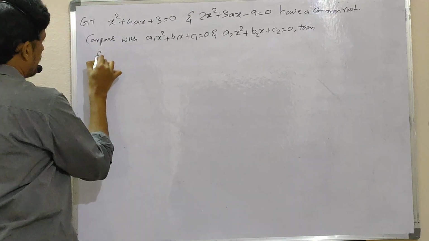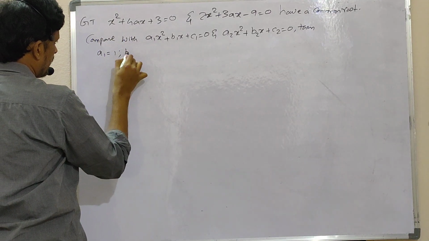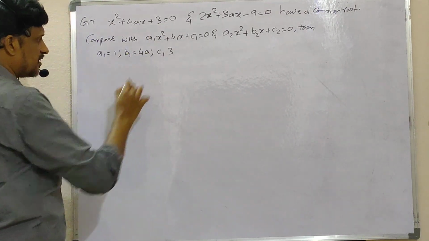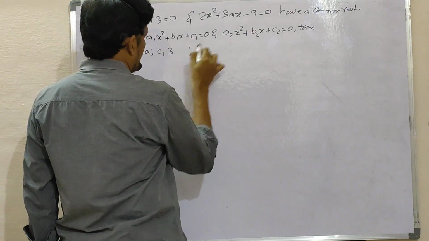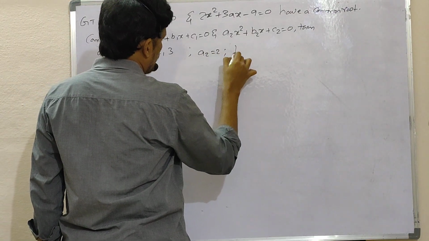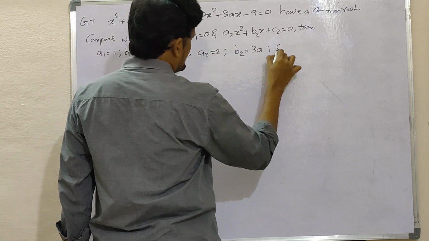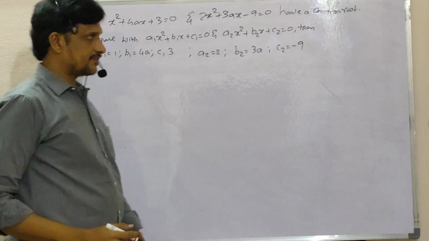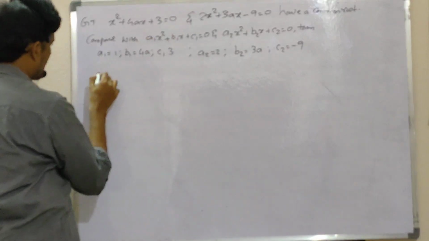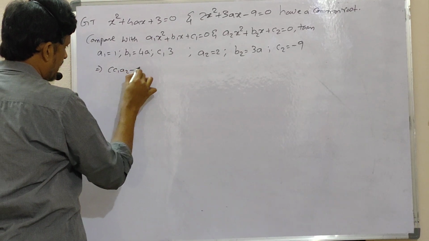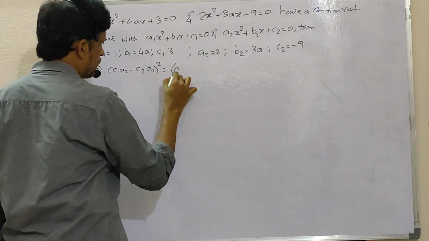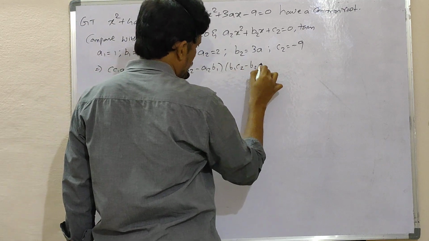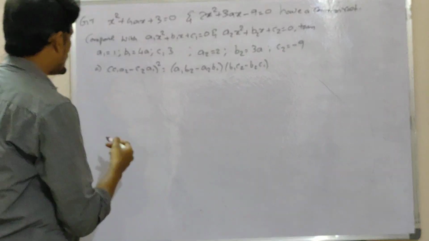Then you get these values: a1 is equal to 1, b1 is equal to 4a, c1 is equal to 3, the coefficients from the first quadratic, and a2 is equal to 2, b2 is equal to 3a, c2 is equal to minus 9. So these are the coefficients here. Since they have a common root, (c1a2 minus c2a1) whole square is equal to (a1b2 minus a2b1) into (b1c2 minus b2c1). This is the required condition. Now substitute these values here.